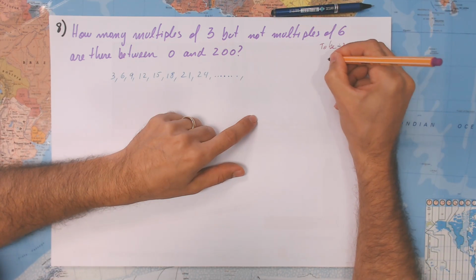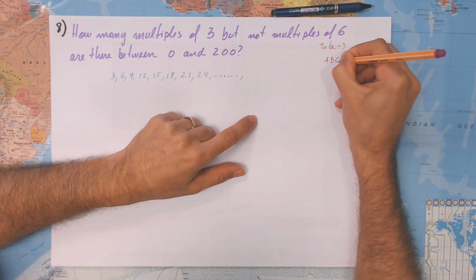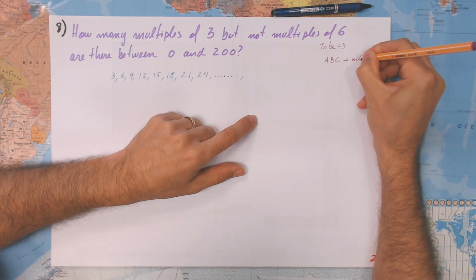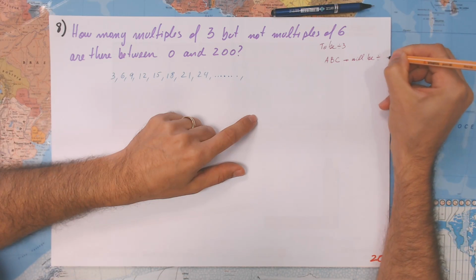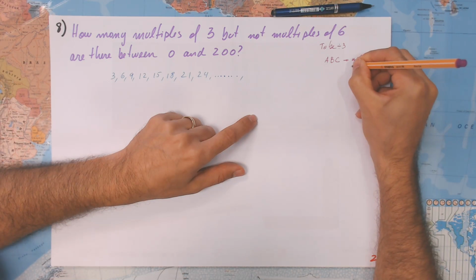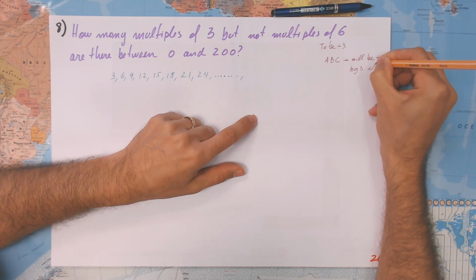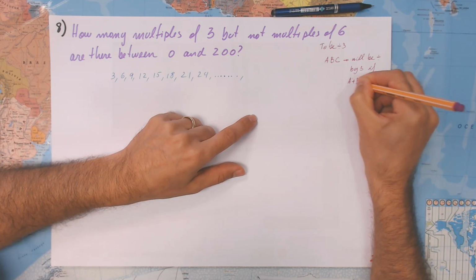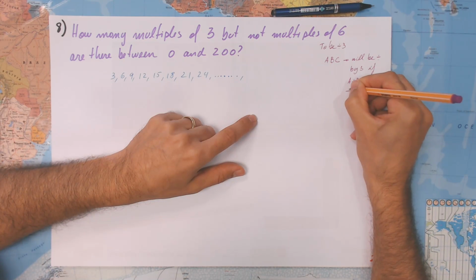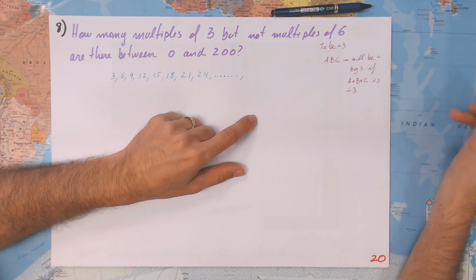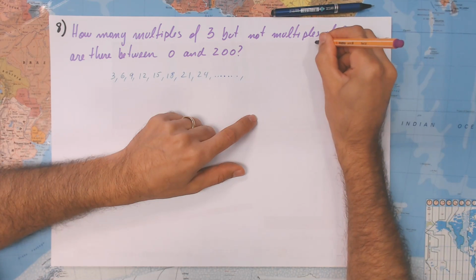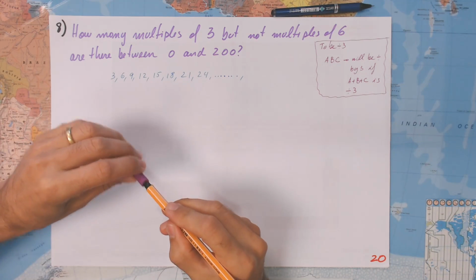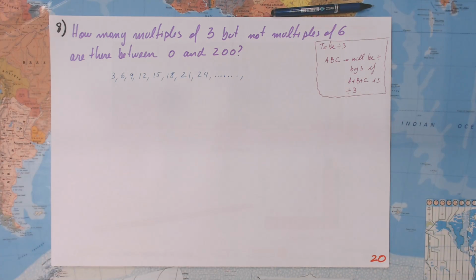For instance, the number ABC will be divisible by 3 if A plus B plus C is divisible by 3. This is what it means to be divisible by 3.